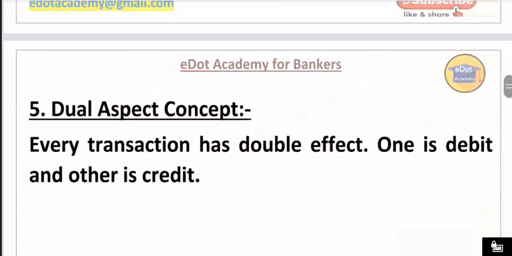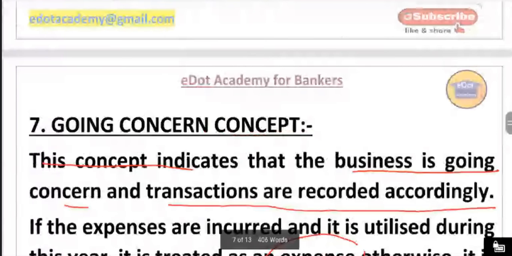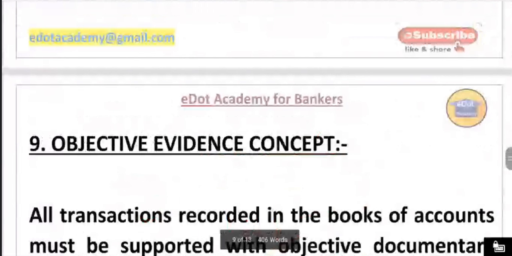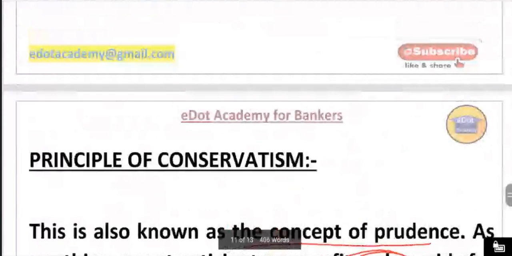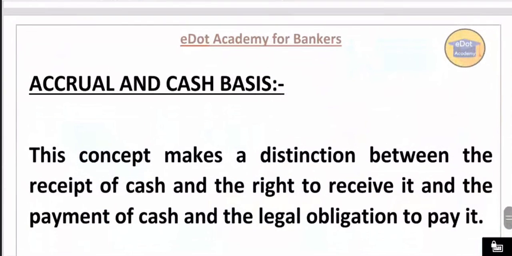Next are the historical record concept and the going concern concept, then the accounting period concept, and the objective evidence concept. Next are the double entry concept, the principle of conservatism, and the accrual and cash basis concept.